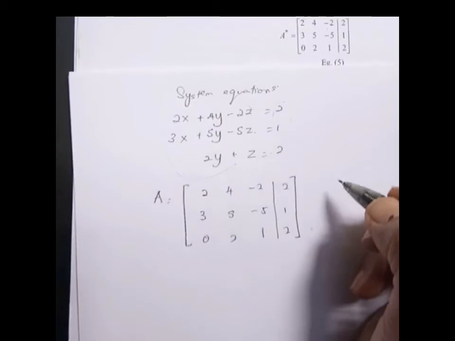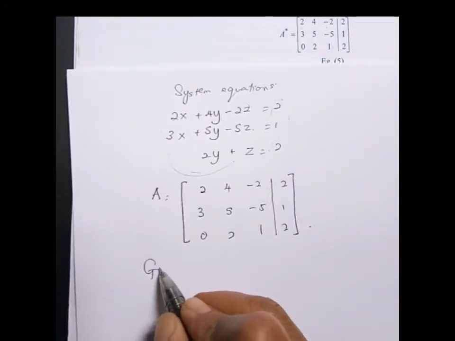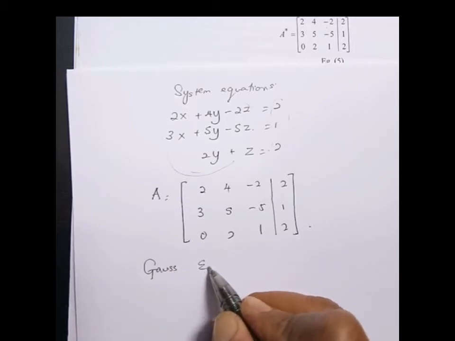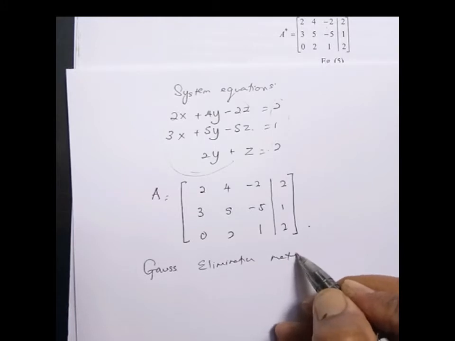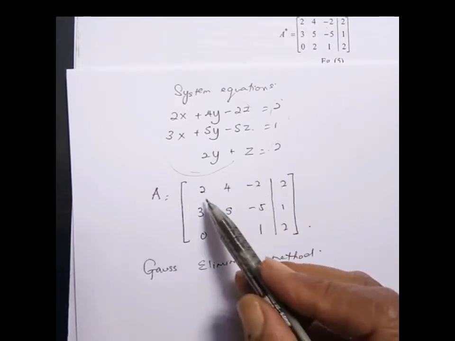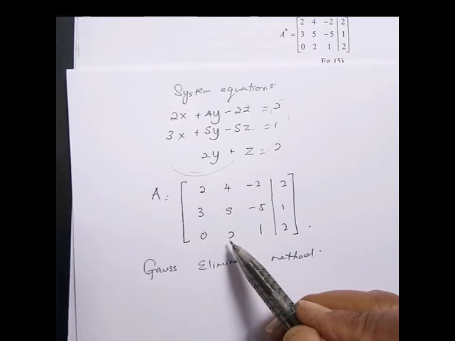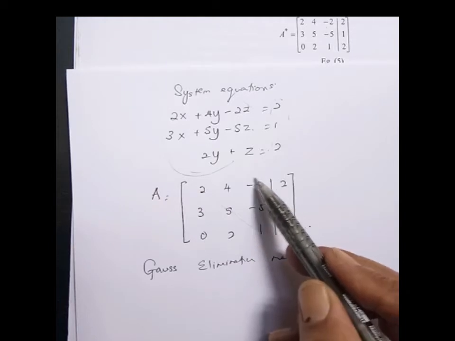So for Gauss elimination method, we need to reduce this into RE form. RE form means that we have a triangle matrix like this.